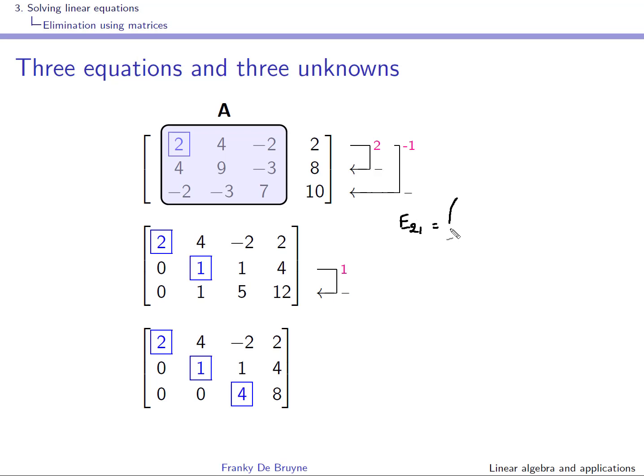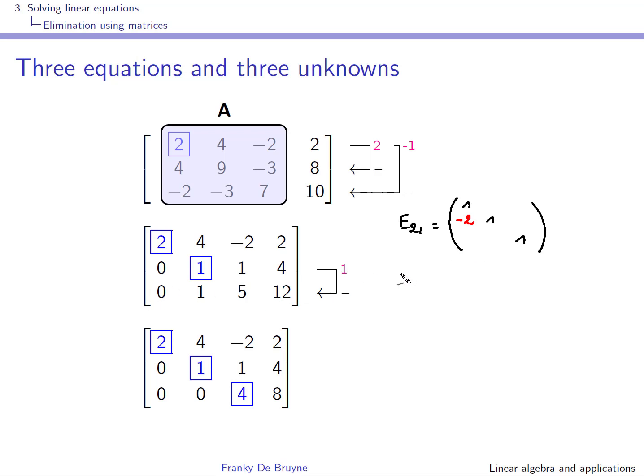Remember that you have to take an identity matrix, all the rest are zeros, and at the place 2,1 where you create a 0, you have to take the multiplier and put a minus sign in front. So this is elimination matrix E21.